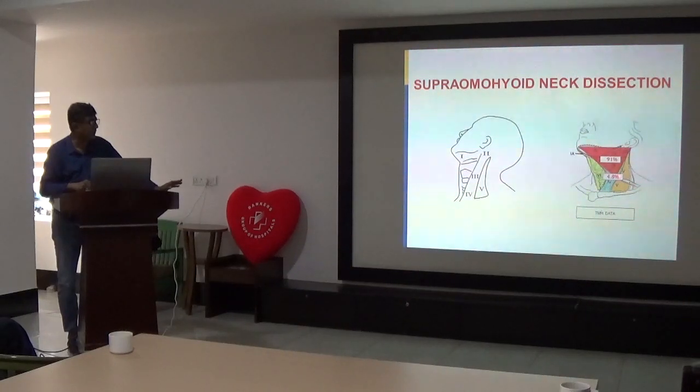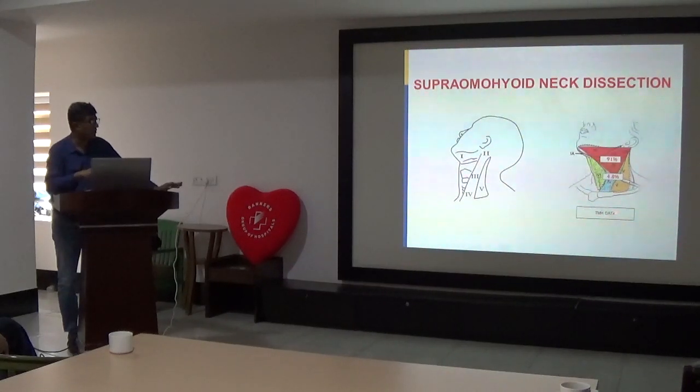This is the posterior belly of the omohyoid muscle. Anything above it, so level 1, level 2 and level 3, we remove, and this is called a supraomohyoid neck dissection. So all the lymph nodes above the omohyoid muscle, we remove, and it is called supraomohyoid neck dissection.